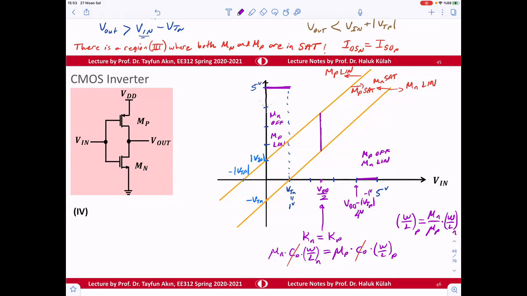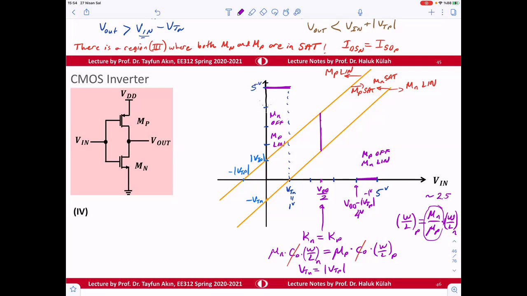This is one case, and another case is, of course, if VTN is equal to VTP. If both are satisfied, then this transition is going to be at 2.5. This value depends on the process, but it's about 2.5.